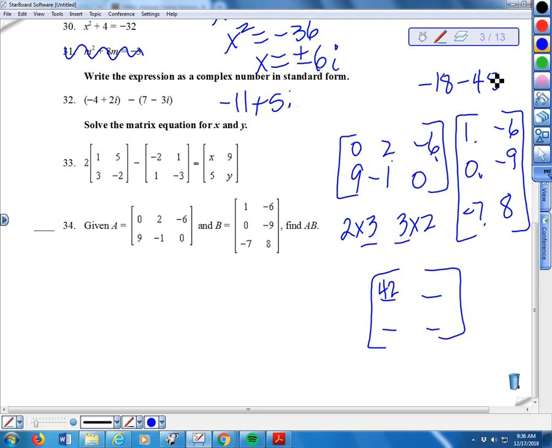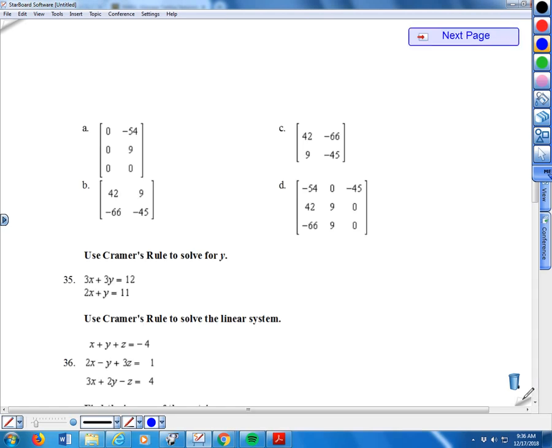So that's negative 66. 9 times 1 is 9. 0, 0. 9 times negative 6 is negative 54. Plus 9. And then 0. Negative 54 plus 9. And there's my matrix. Look at that. Oh, nice.